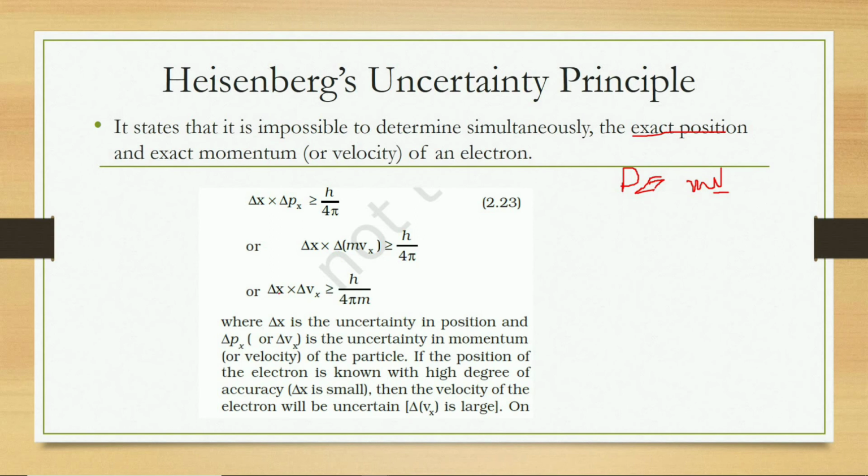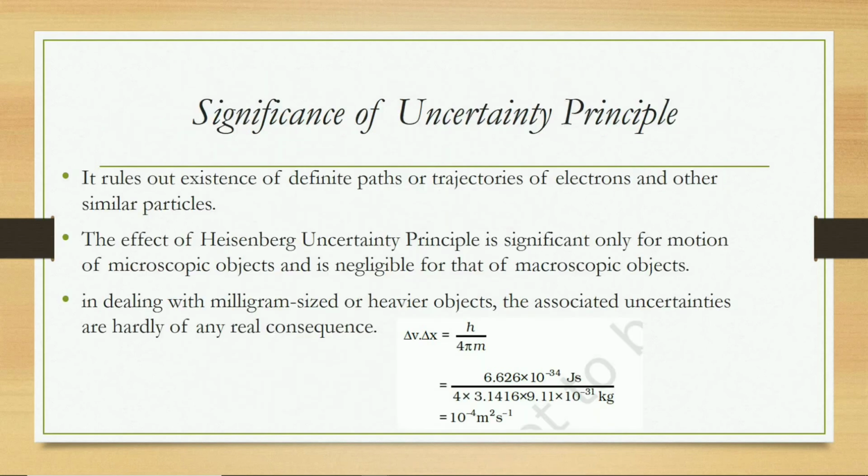If we want to know the relationship between delta x and delta vx, we can say delta x is inversely proportional to the velocity. But the Heisenberg uncertainty principle is only for microscopic particles.